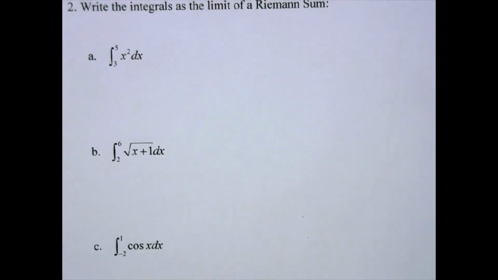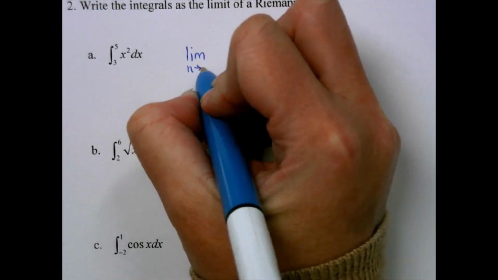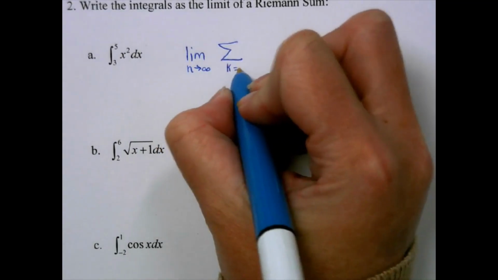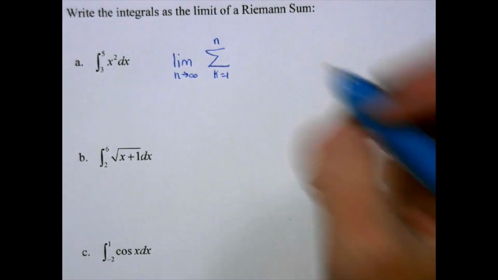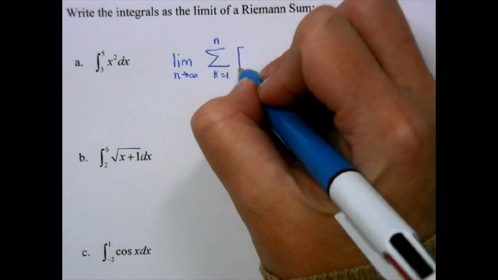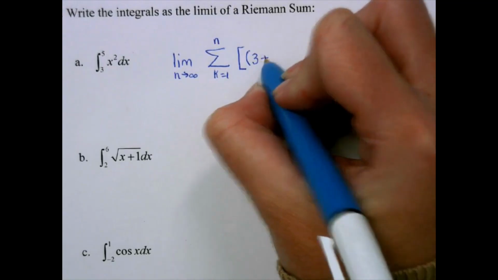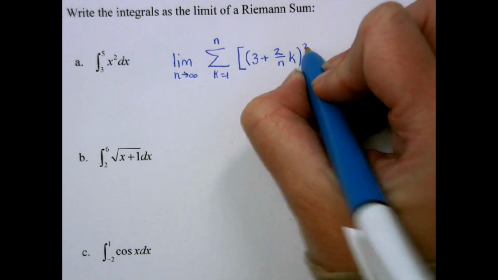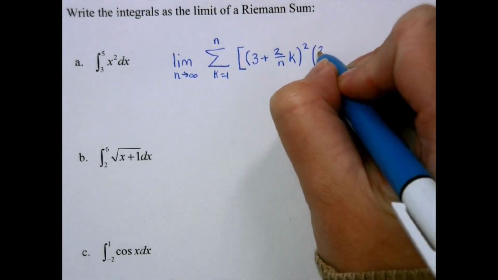Okay, so using the sigma notation, we're going to have the limit as n goes to infinity of the sum when k equals 1 to n number of rectangles. Our heights are going to be (3 + 2k/n) squared, and I multiply that by the widths, which was 2 over n.